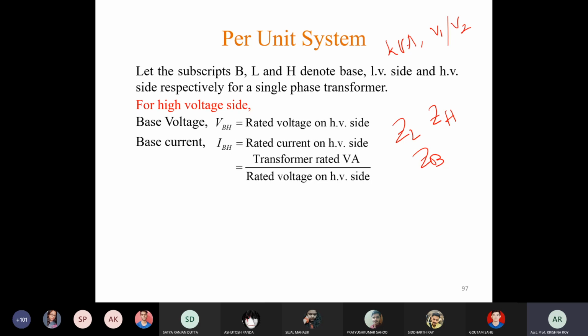Okay, so if kVA and these voltages are given, then we can calculate the two sides' rated current. So that is why IBH is equal to the transformer rated VA, so kVA converted to volt ampere by multiplying it by 1000, divided by the rated voltage on the high voltage side, then you will get the high voltage side current. So in this way you have to calculate the current for any particular side. Is it clear?